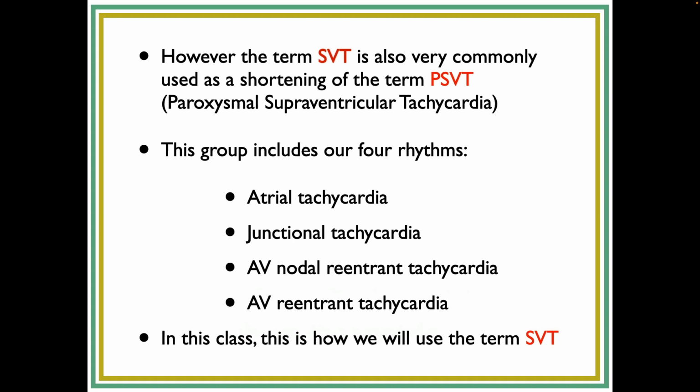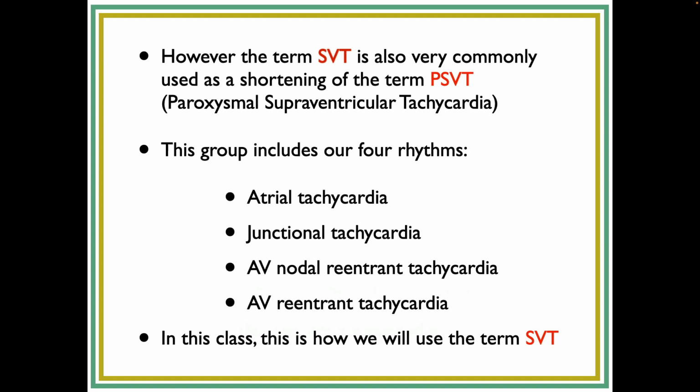So Harrison, you had a question right here. Kind of answered it, but the last slide, those were all rhythms that fall into SVT. Mm-hmm. But PSVT are these four rhythms that are not identifiable.